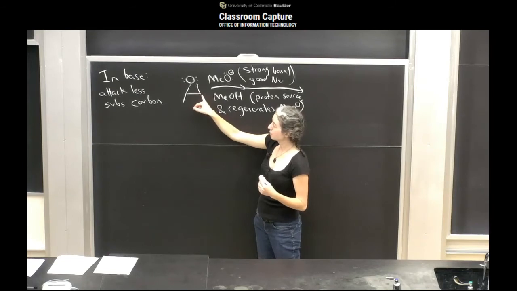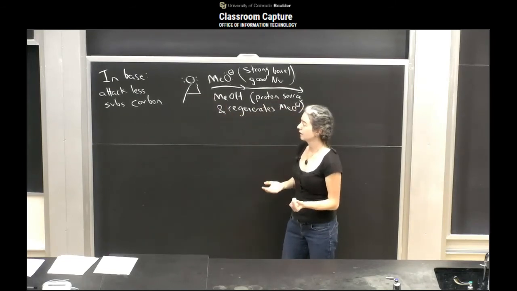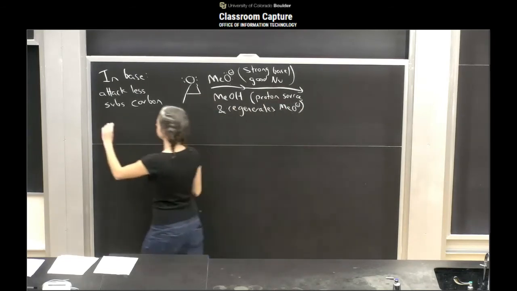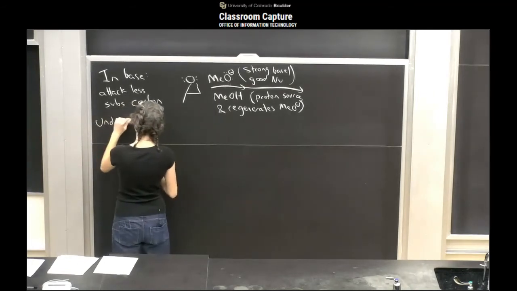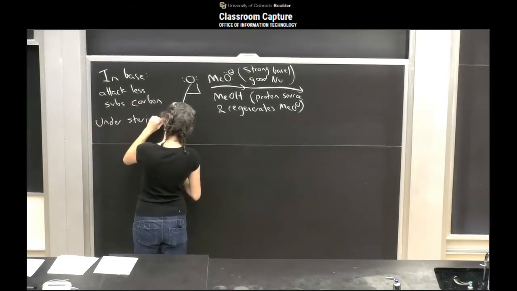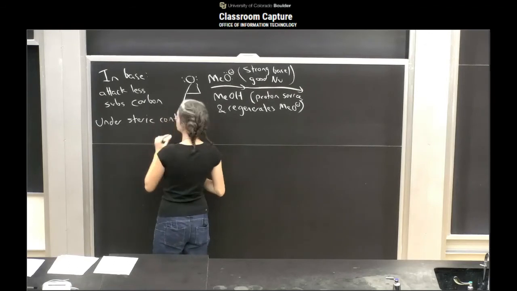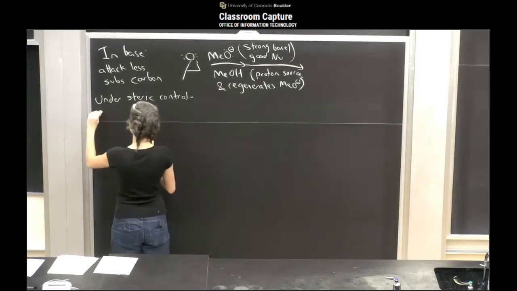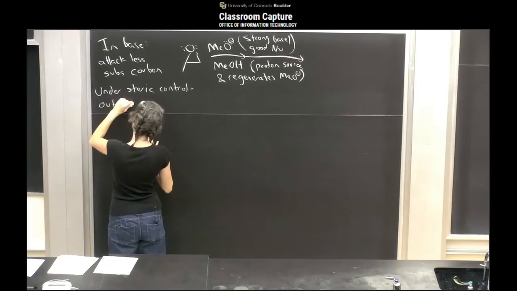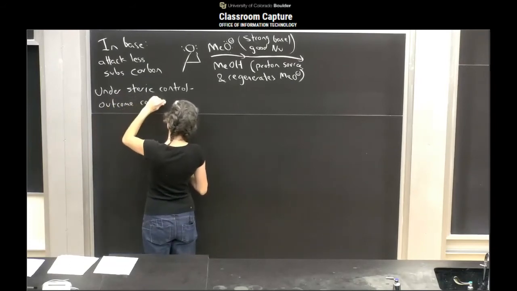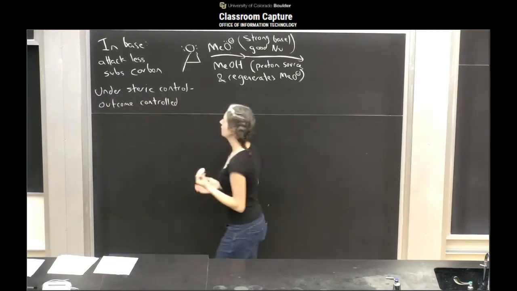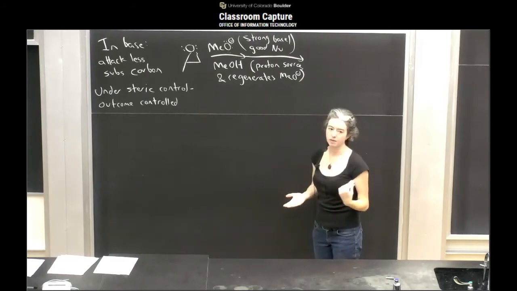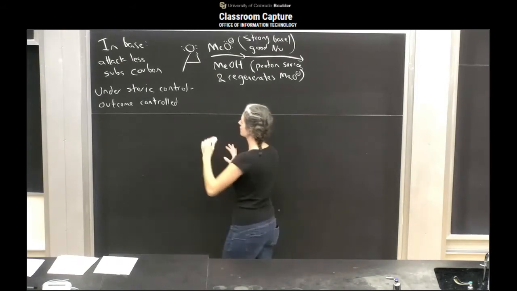But at this point, we're more under steric control than electronic control. So in this case, the outcome is controlled by how much room there is around either of the two carbons.